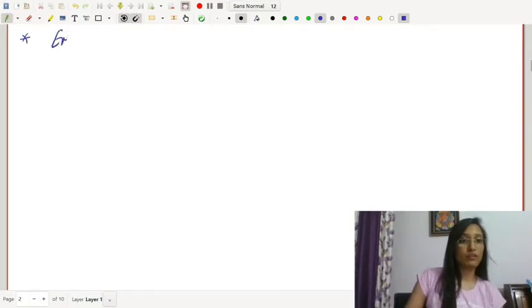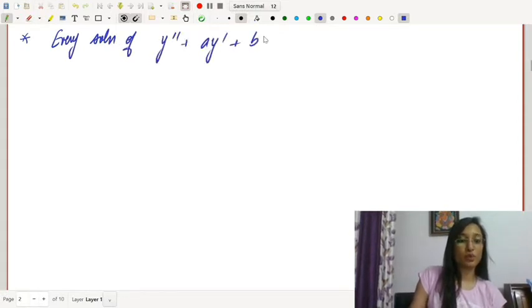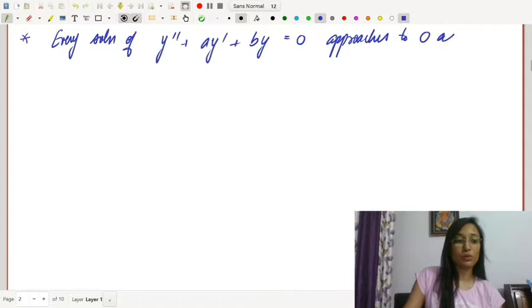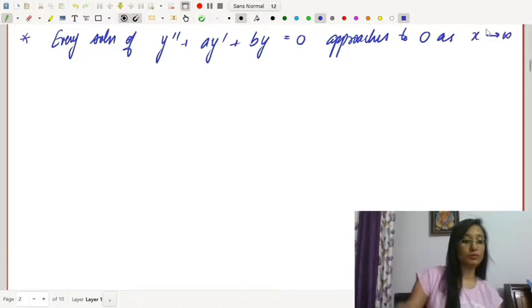We need to find a condition such that every solution of y double dash plus a y dash plus b y is equal to 0 approaches 0 as x approaches infinity.